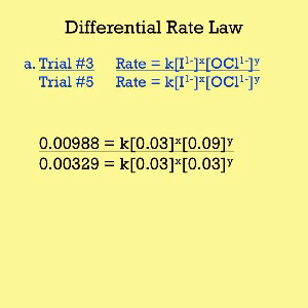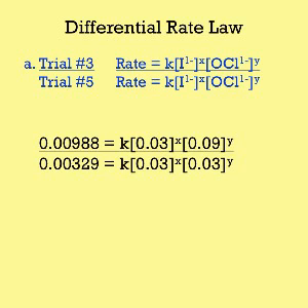So I will have 0.00988 equals k times 0.03 to the x times 0.09 to the y, divided by 0.00329 equals k times 0.03 to the x times 0.03 to the y.